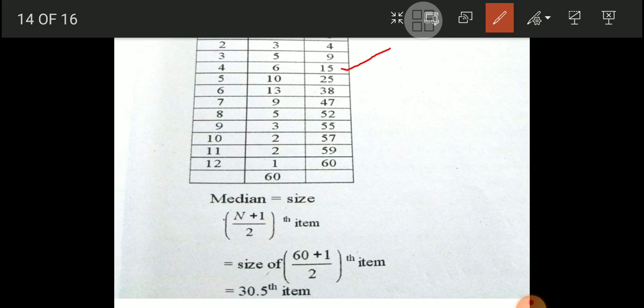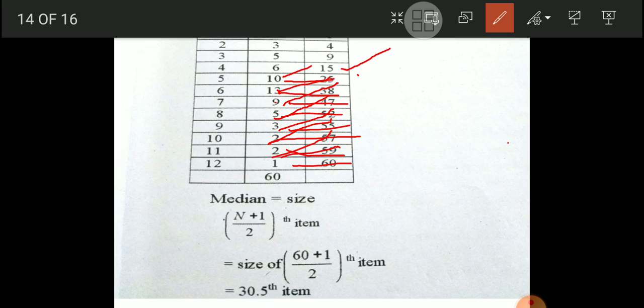So 15 plus 10, 25. 25 plus 13, 38. 38 plus 9, 47. 47 plus 5, 52. 52 plus 3, 55. 55 plus 2, 57. 57 plus 2, 59. 59 plus 1, 60. So cumulative frequency is possible to calculate like this, isn't it?